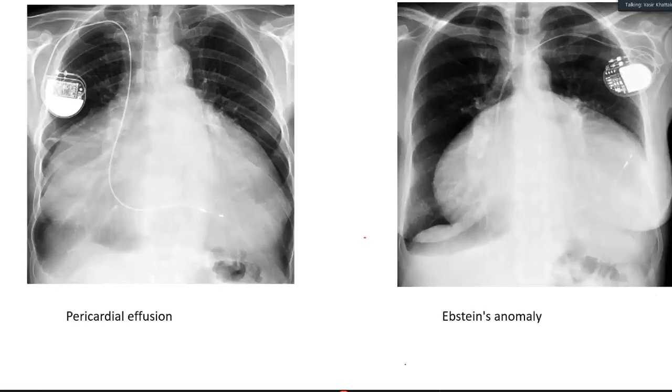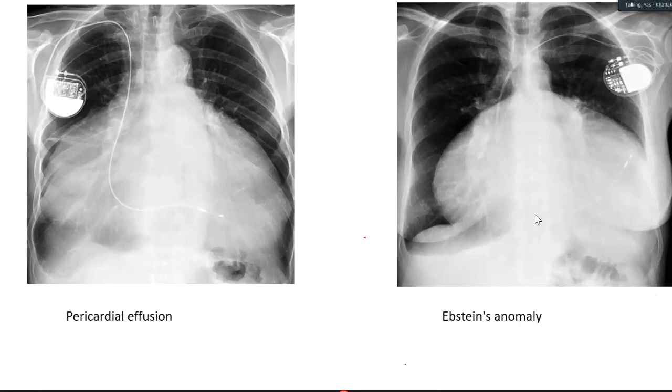Now, these are two different cases which I wanted to show you. This is a case of pericardial effusion, and an exactly similar looking case of Ebstein's anomaly in a child, but the difference is the mediastinum. You see this is a thin and narrowed vascular pedicle, and the pulmonary vascularity on both sides is different. This one has a normal pulmonary vascularity, this one a reduced pulmonary vascularity.